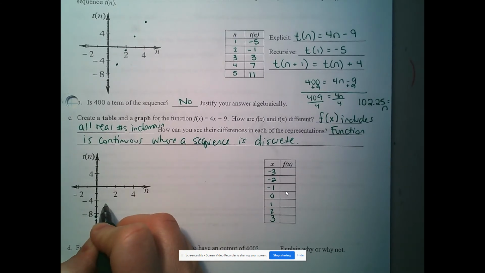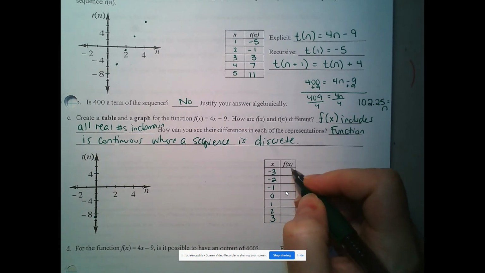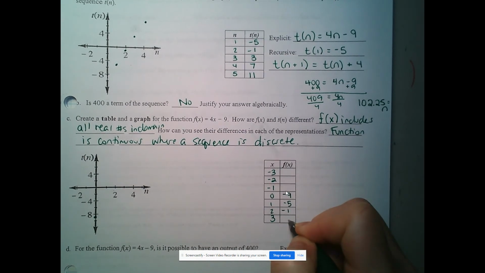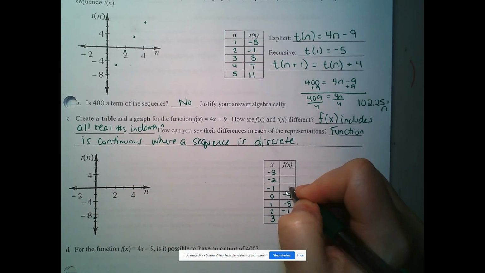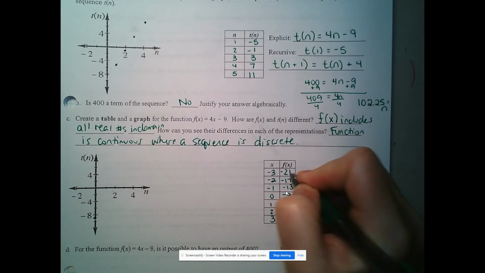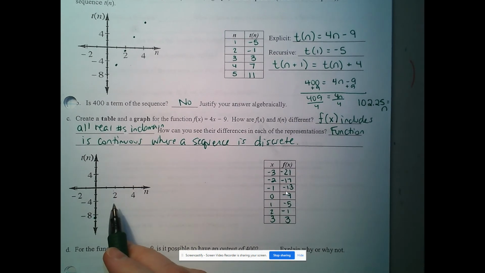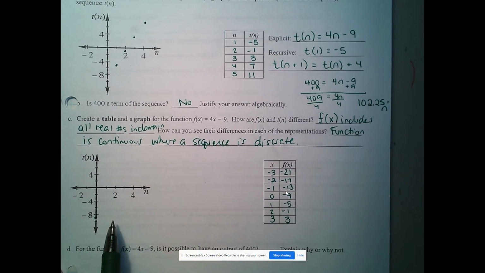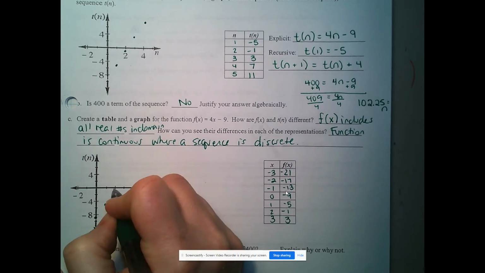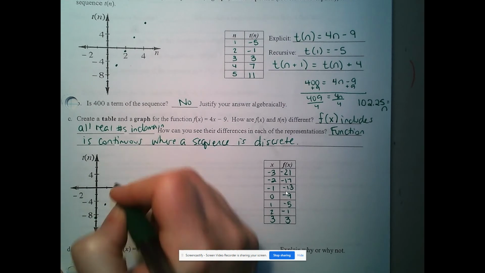I'm also going to graph 0 is -9. I have all the same other coordinates. And then I'm going to go back another 4, go back another 4, go back another 4. I can't fit them all on the graph, but the major difference that you're going to see is that at 1, -5, at 2, -1, and then at 3, 3.